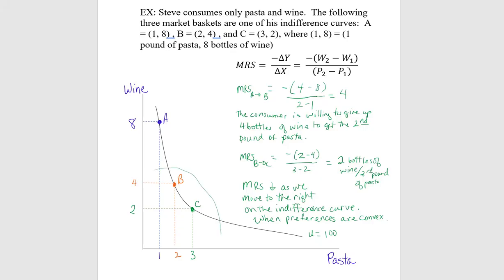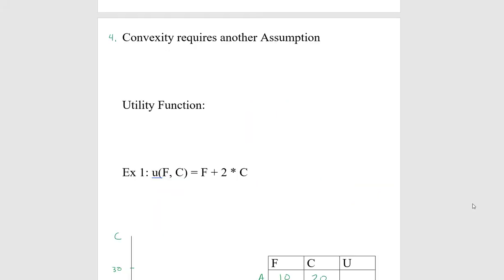I could climb into the cave. This is convex because the cave faces away from the origin. This concept of convexity is the basis of our fourth assumption for consumer preferences. We say preferences are convex, or preferences generally face diminishing marginal rate of substitution.